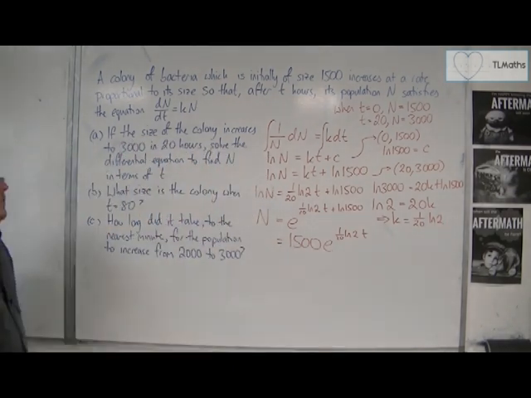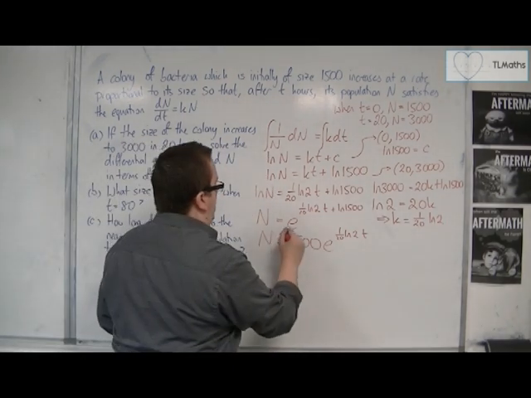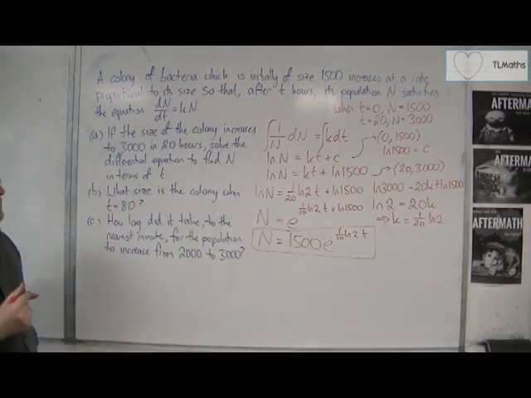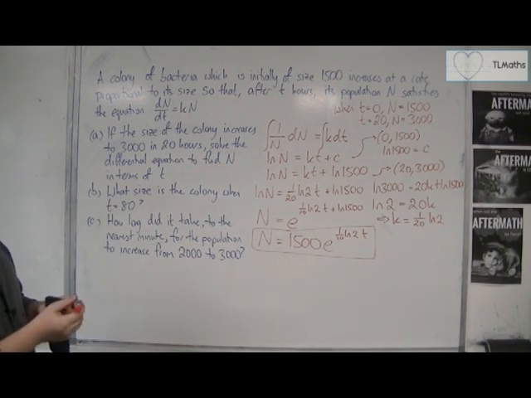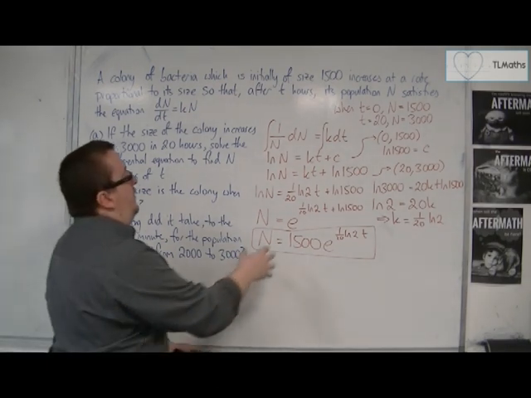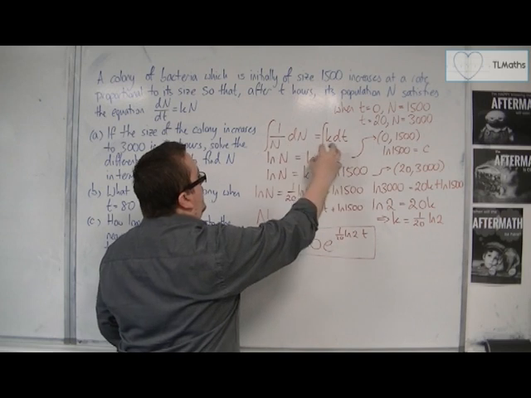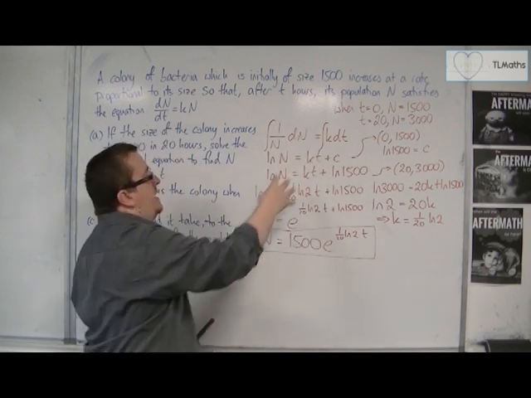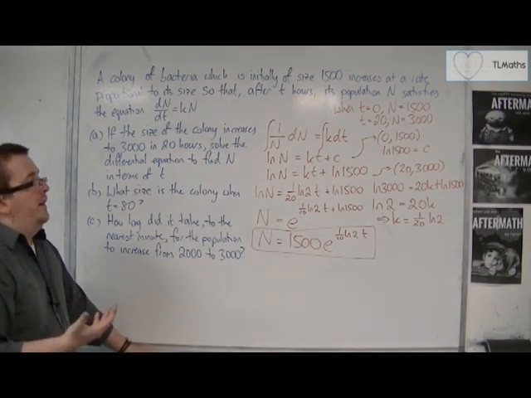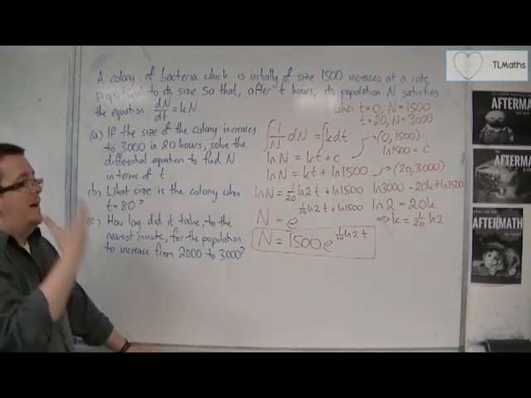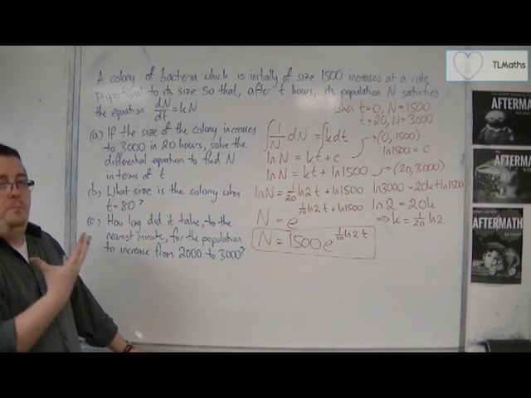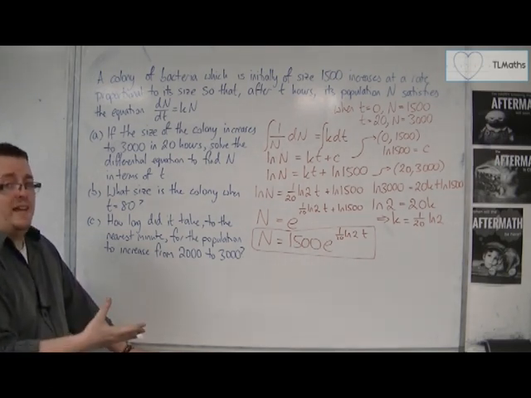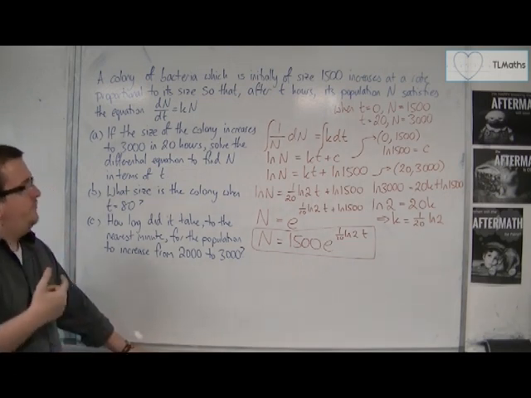Okay, and so that is what I'm looking for, part A. Now, you could have got to this stage here and written n equals A e to the kt, and solved it that way. And that may well speed things up with some of the calculations. But you should get to the same answer.